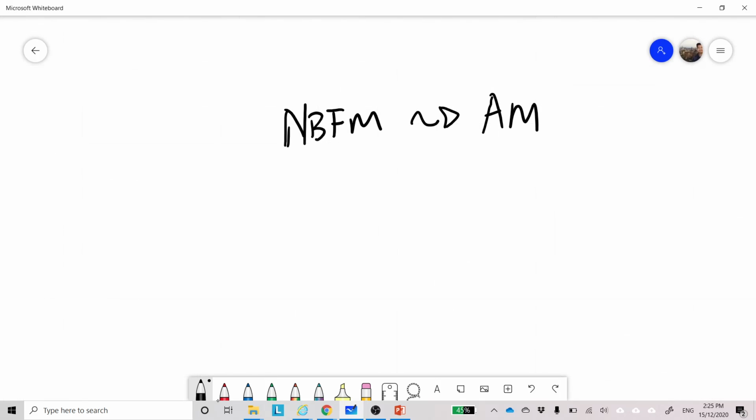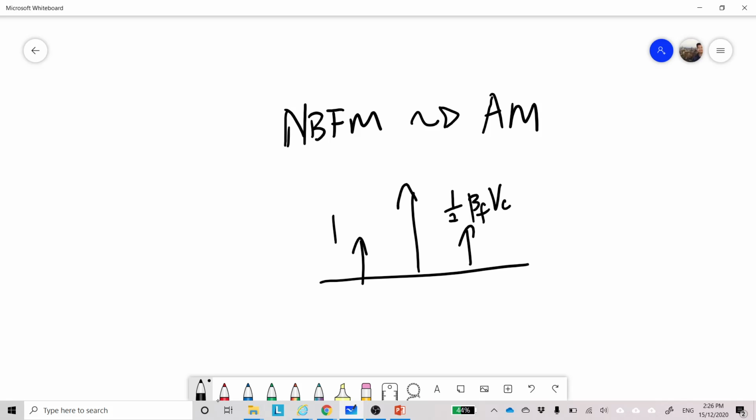Okay, yang mana dia punya frequency spectrum adalah seperti double sideband full carrier, which is equal to half beta F VC. This is a half beta F VC.